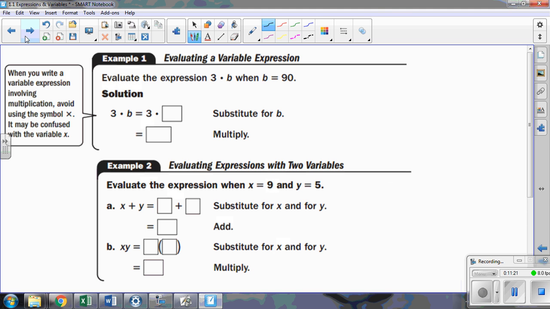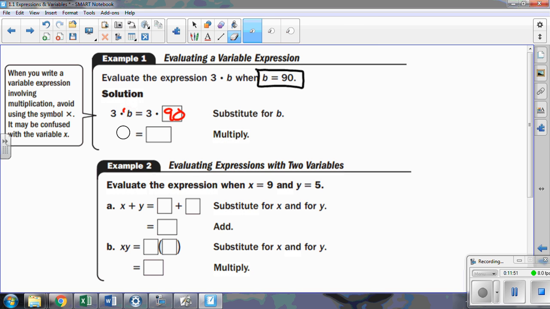Okay, continuing our notes. Evaluate a variable expression. Well, what does evaluate mean again? Just plug it in. Plug a number in and see what you get. Our directions are telling us b is equal to 90. So back here, we're going to replace the b with the 90. That's really all we have.